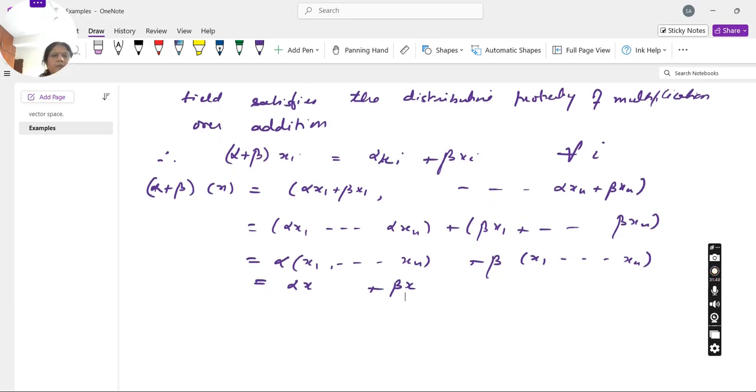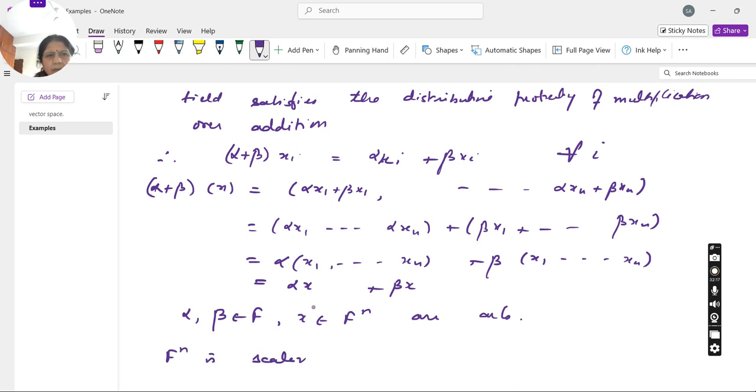Now we are moving to the next property. First let me complete this. This alpha and beta belong to F, and x belongs to n-tuple of F, and they are arbitrary. That means this F^n, the vectors of F^n, is distributed over scalar addition.